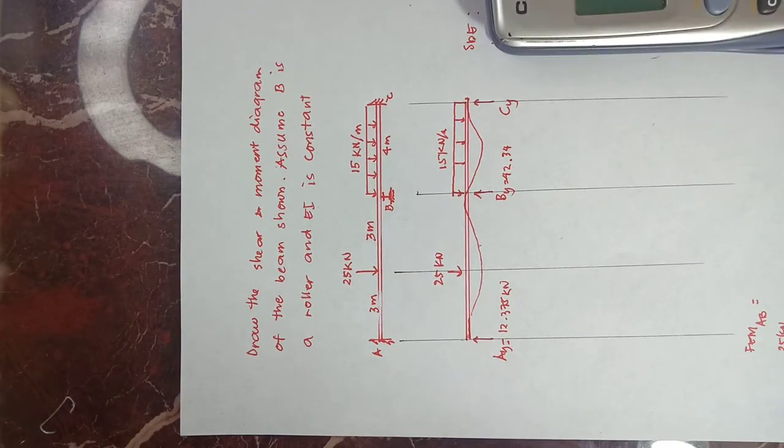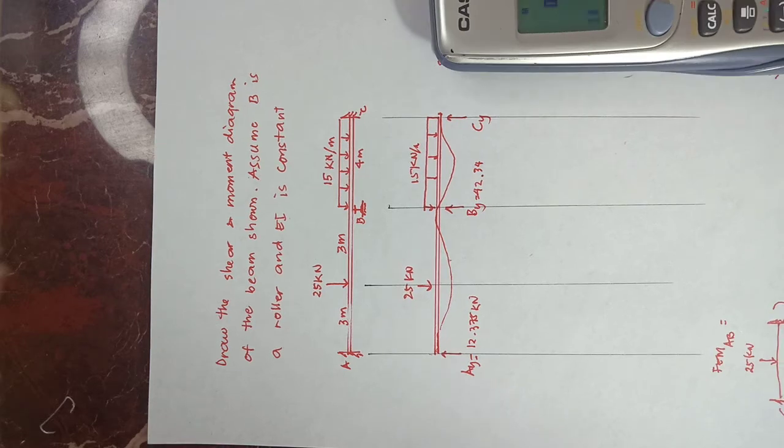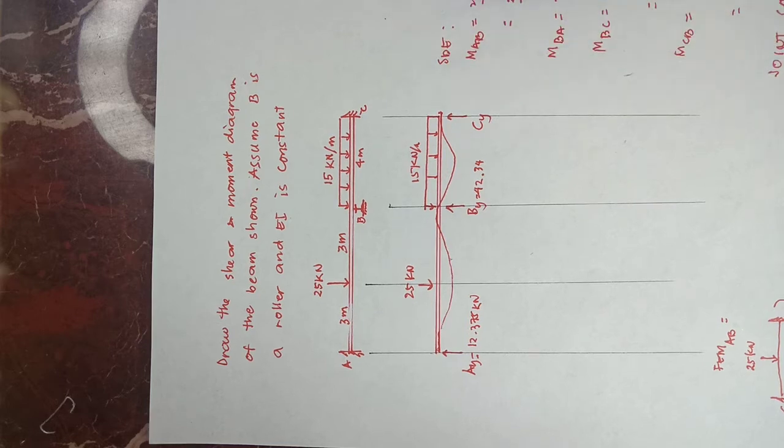Okay, so we have 12.625 plus 29.71875, 42.34375.